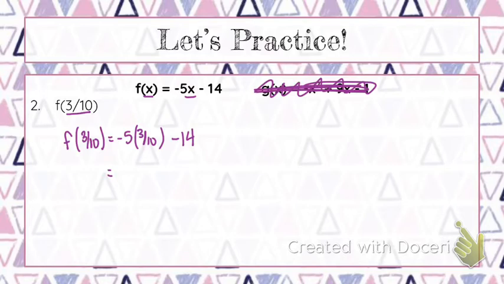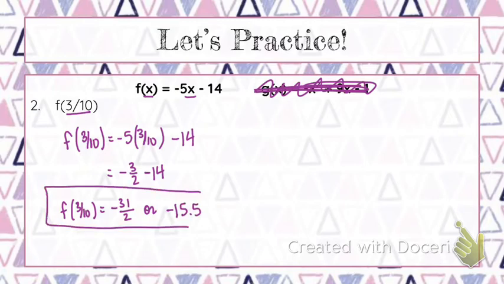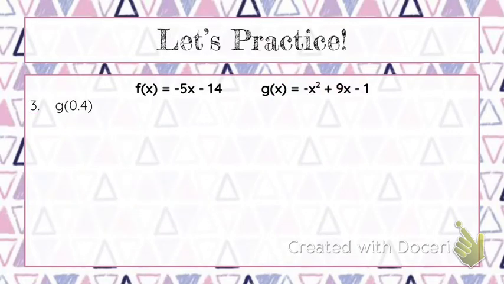And -5 times 3/10 is -3/2 minus 14. And then we get f of 3/10 equals -31/2, or you could say -15.5. Either one is fine with me. And that's our answer for number 2. Okay, so number 3 uses g, so we don't need f.